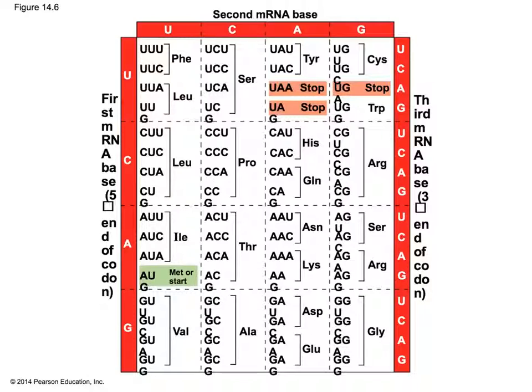Okay? Questions on the codons themselves. All right, the basics of it. Yeah. Why is there one start but three stops? For the structure of mRNA, in order for it to get out of the nucleus, that first codon needs to be a methionine.